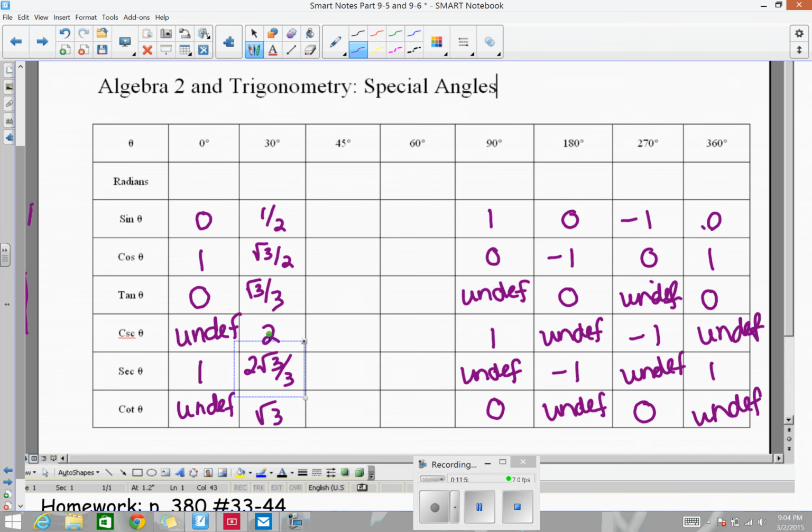So again, sine was opposite over hypotenuse. Cosine, adjacent over hypotenuse. Tangent, opposite over adjacent. Square root of 3 over 1 is just square root of 3. Cosecant, reciprocal of square root of 3 over 2, we just did that over here.